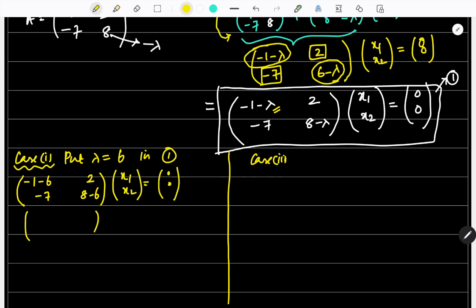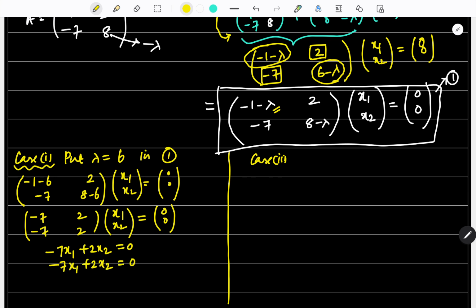This gives minus 7, 2, minus 7, 2, times x1, x2 equals 0, 0. So I'm going to make it an equation: minus 7x1 plus 2x2 is equal to 0.